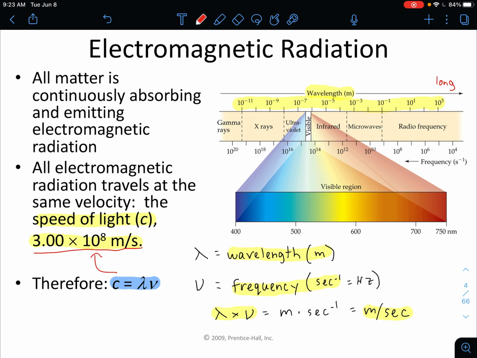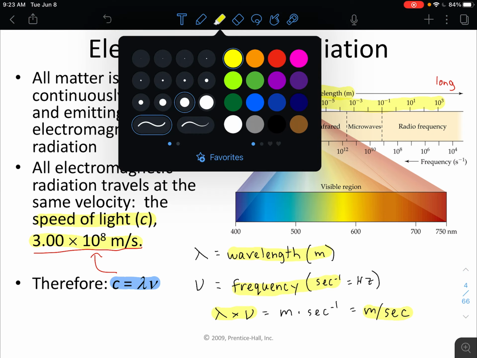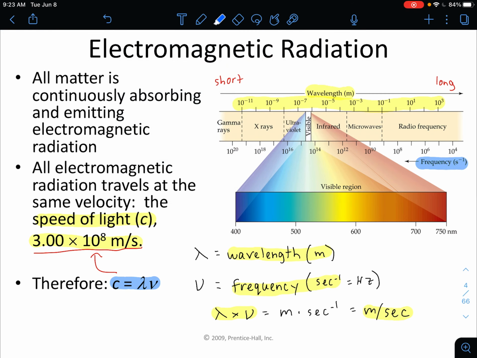Here is long wavelength, here is short wavelength, and then down below I've got frequency, and it's going in the opposite direction, right? Small values for frequency on the right side, and large values of frequency on the left side.